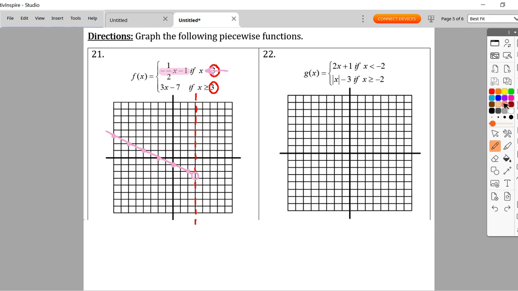What I'm going to replace on the right side with is going to be this other function, because the other function happens when x is greater than or equal to 3. So that will be on the right side again to make it into an arrow. We start that at -7 as the y-intercept, and then I have to do a slope of 3.